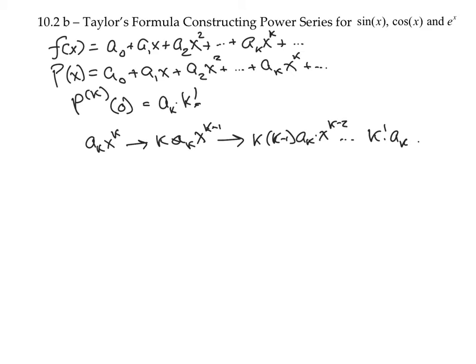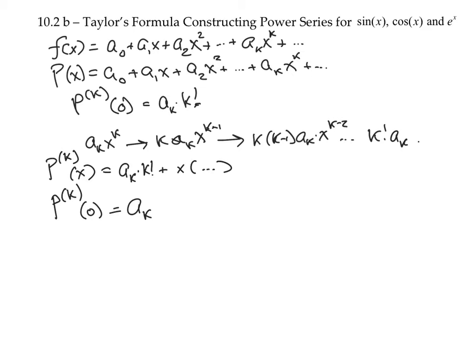Now all the previous terms have gone to 0 because we took derivatives of constants, and all following terms will have at least an x in them. So the polynomial at this point looks like this. There's a constant leading term, and then every other term has an x in it. So when I look at the kth derivative of p at 0, all the other terms drop out, and I get a sub k times k factorial.